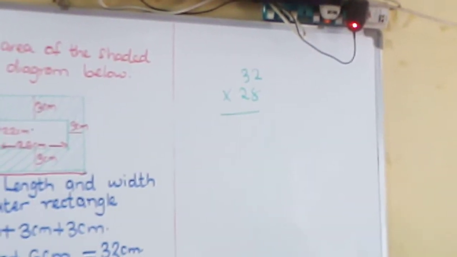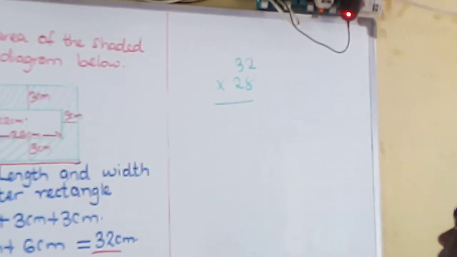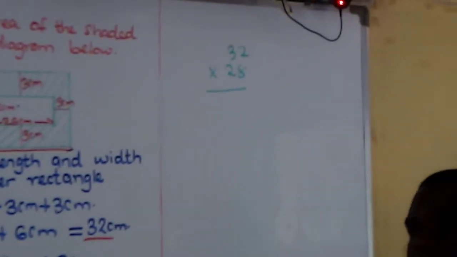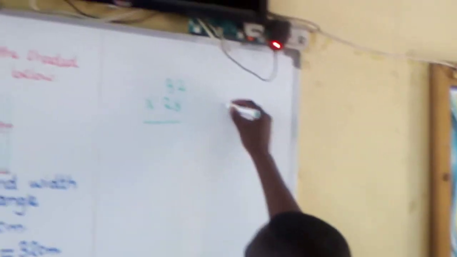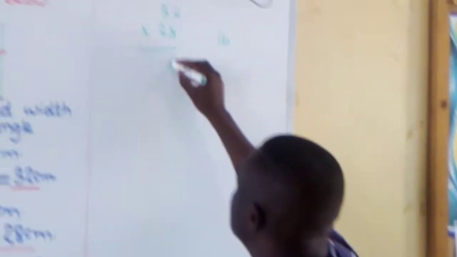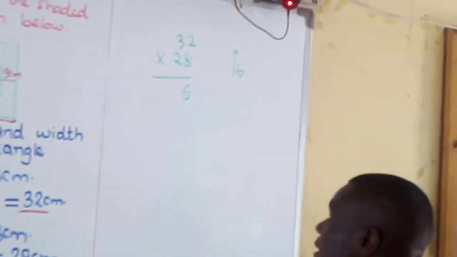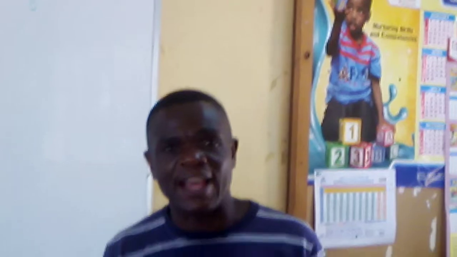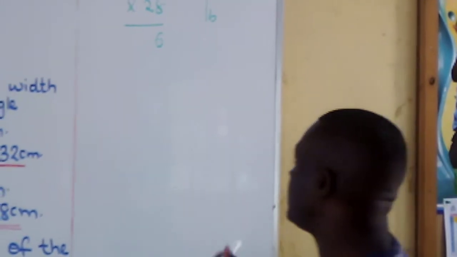32 multiplied by 28. Chloe, what is 8 multiplied by 2? 8 multiplied by 2 is 16. So we write 6 and carry 1. What is 8 multiplied by 3, Adriana? 8 multiplied by 3 is 24, plus 1 is 25.